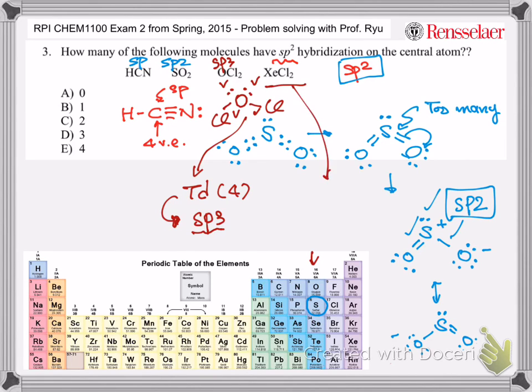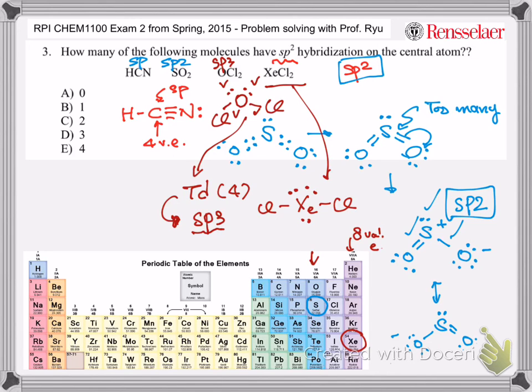What about the xenon? Okay, xenon is here, which is one of the noble gases. So you have 8 valence electrons on the outside, and then you have 2 chlorines. Now you're going to use 2 valence electrons to form bonds with the 2 chlorines, and then how many do you have left? 8 minus 2 is 6, so you will end up with something that looks like this.